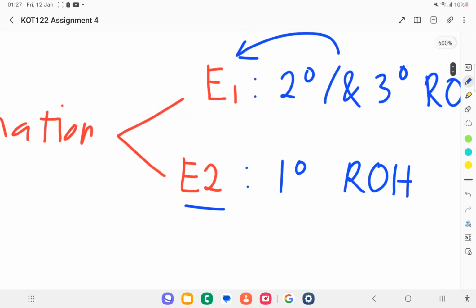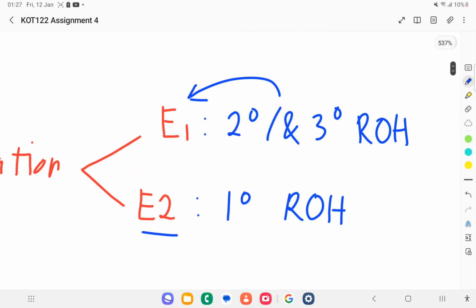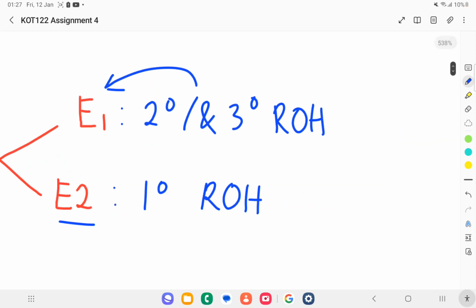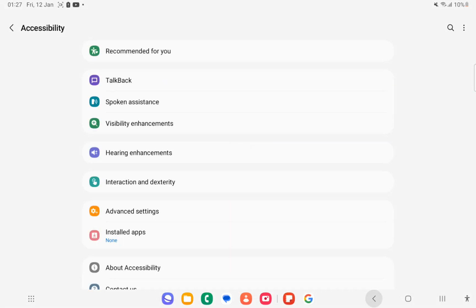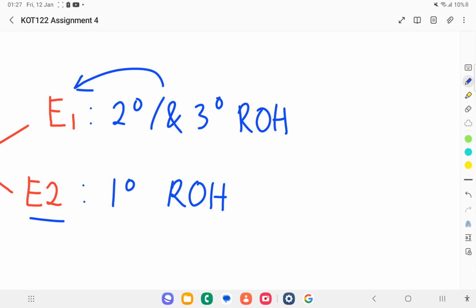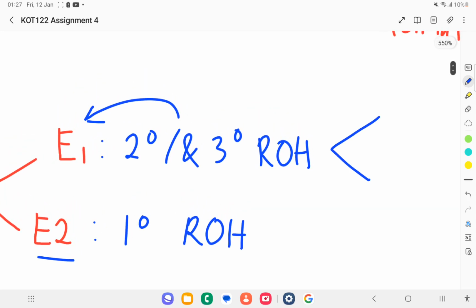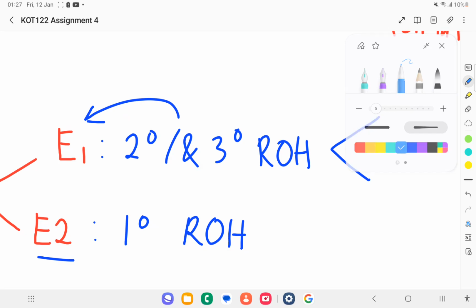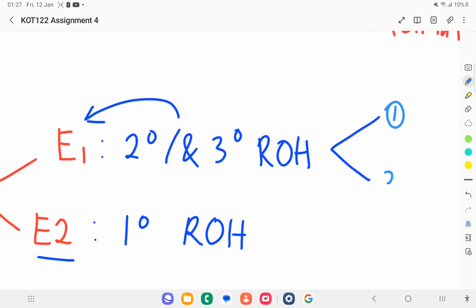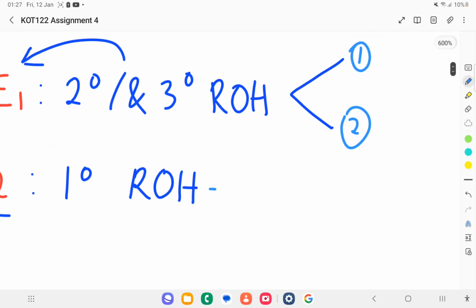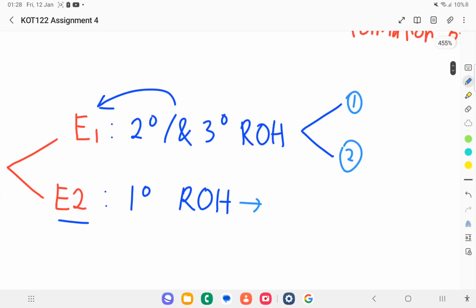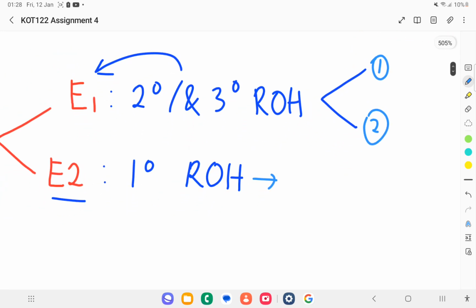Okay, in the previous chapter, the E1 mechanism is a stepwise mechanism with 2 steps. But E2 is a concerted or single-step mechanism, so there is only 1 step.